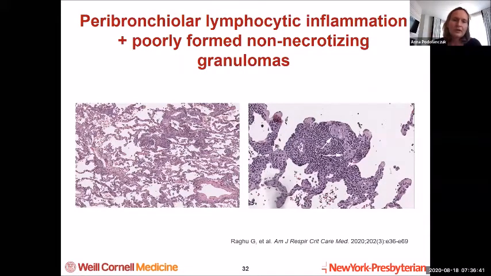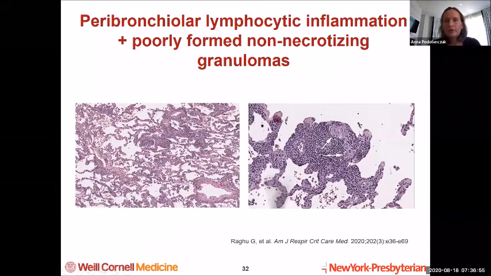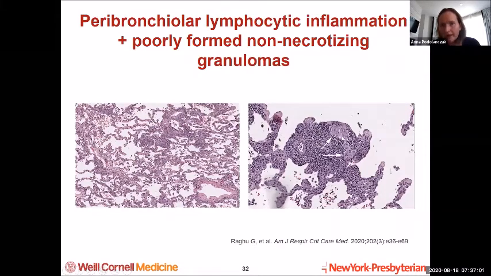And so if you think about those antigens, they're depositing in the small airways, and it's causing this immune reaction that's going into the small airways. So you see lymphocytes that are around the airways, and then you also see poorly formed non-necrotizing granulomas. So here's an example of poorly formed non-necrotizing granulomas, as well as extensive lymphocytic inflammation.